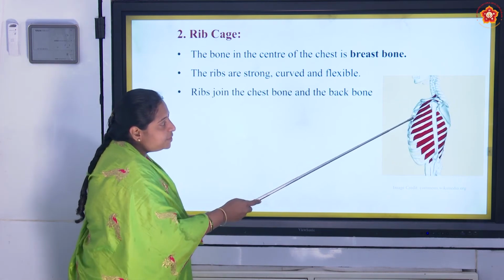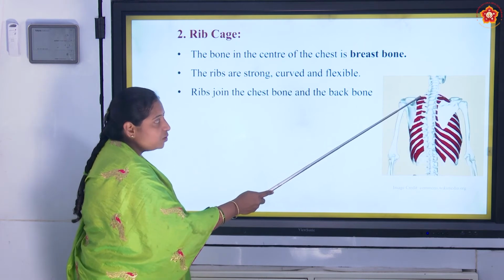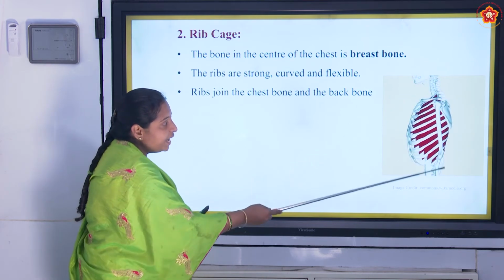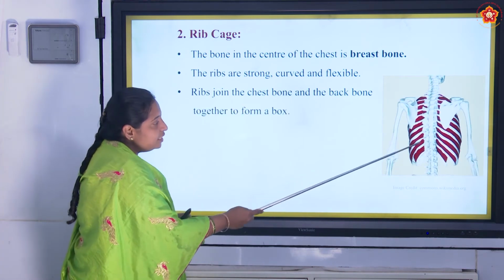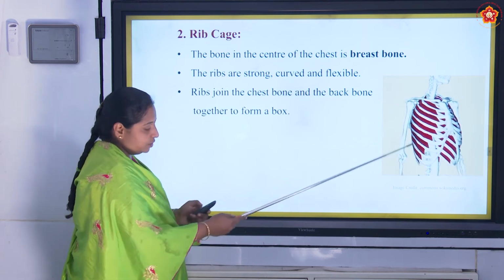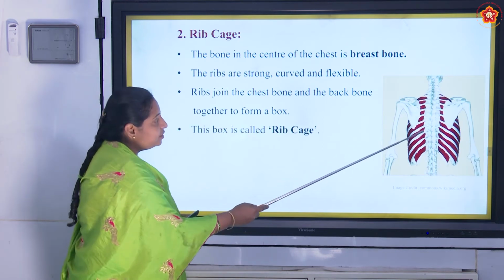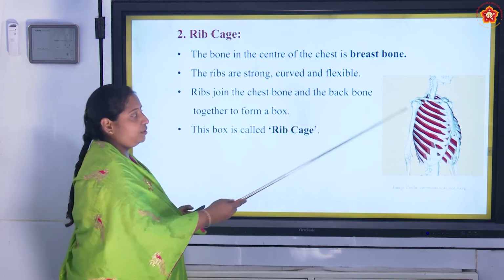The ribs join the breastbone in the front, and the backbone. These together form a box-like structure, and this box is called the rib cage.